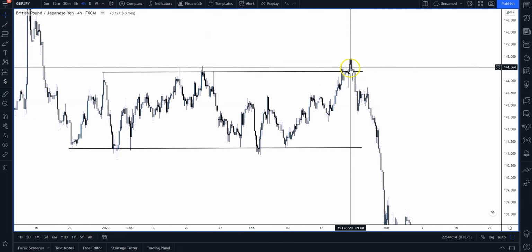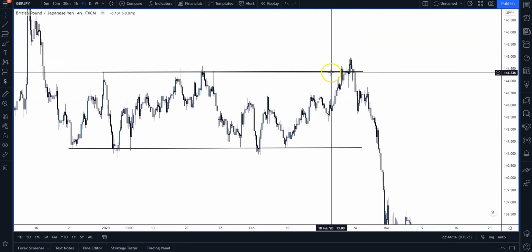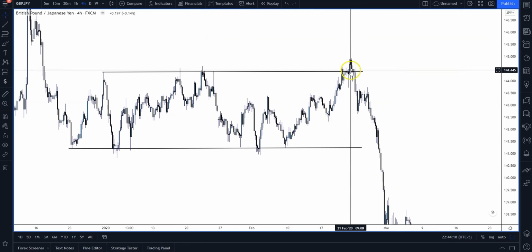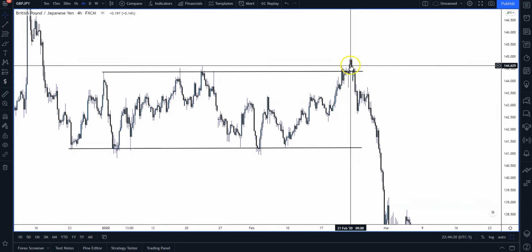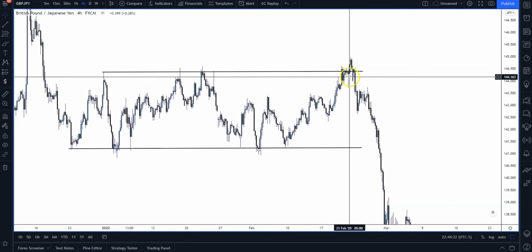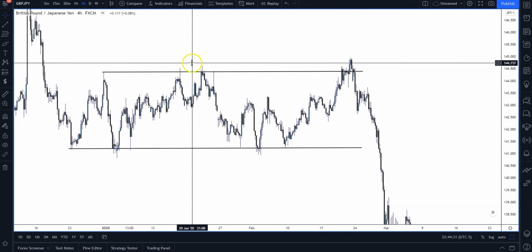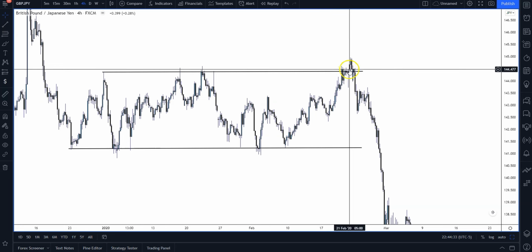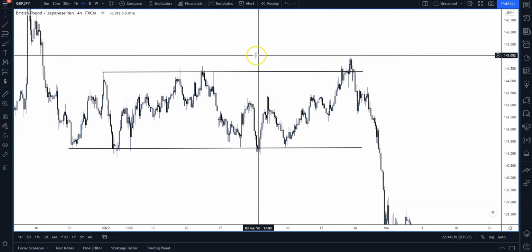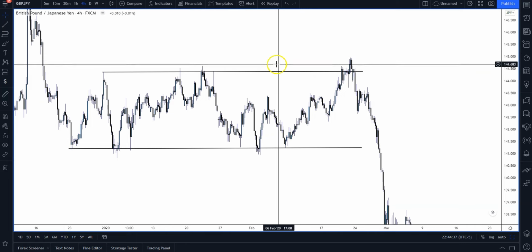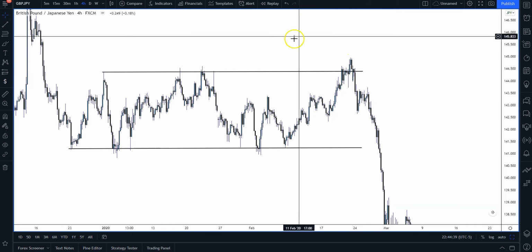If someone put a buy here thinking it's going up, or even if they had a buy stop here, basically a buy stop is a pending order. When the price hits a specific zone, it'll trigger a buy order. Typically, individuals who put pending buy stops put them up here because they think when it breaks out, it'll keep going up.